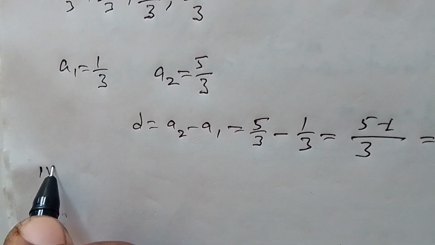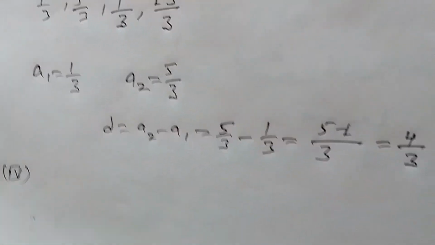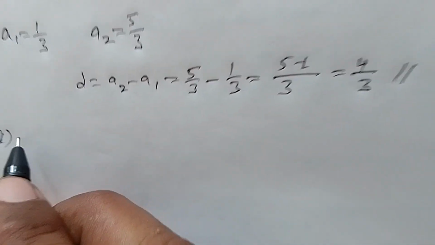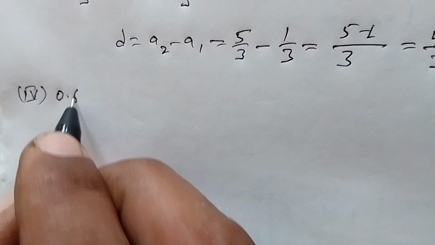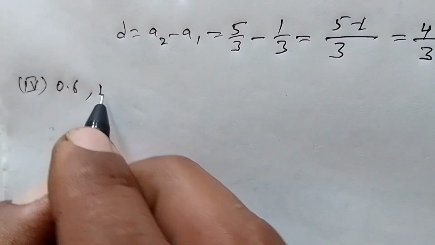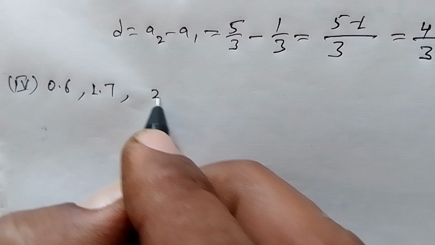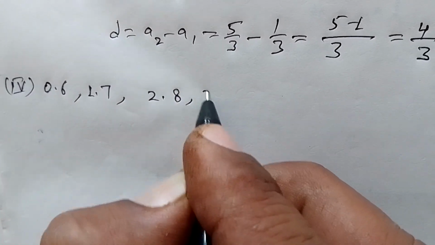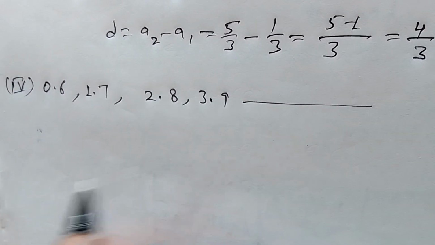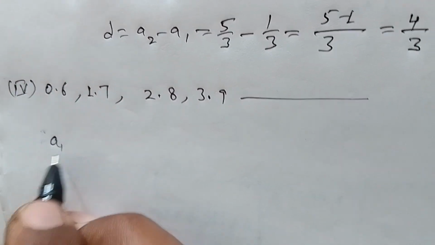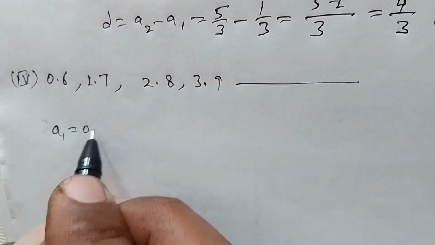Now the fourth part of the third question is 0.6, 1.7, 2.8, 3.9, and so on. So here the first term A1 is 0.6.